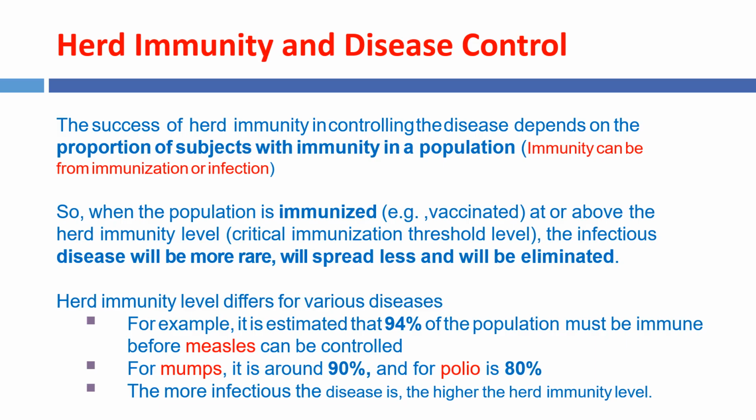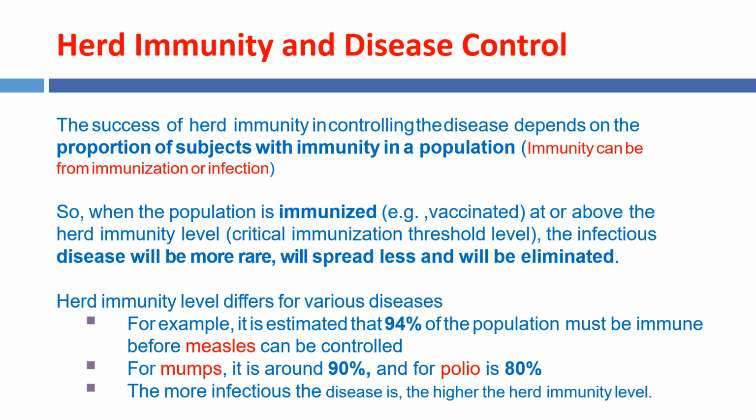For example, it is estimated that 94% of the population must be immune before measles can be controlled. So it is very important to achieve above 94% level of measles vaccination if we want to eliminate measles among children in a population. For mumps, it is around 90%, and for polio, it is 80%.